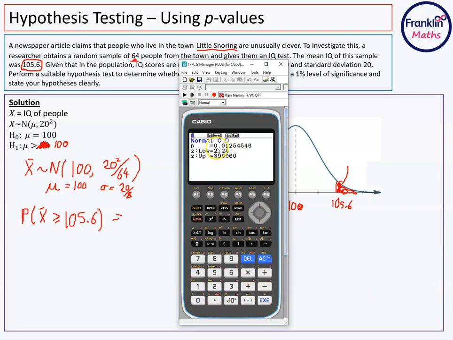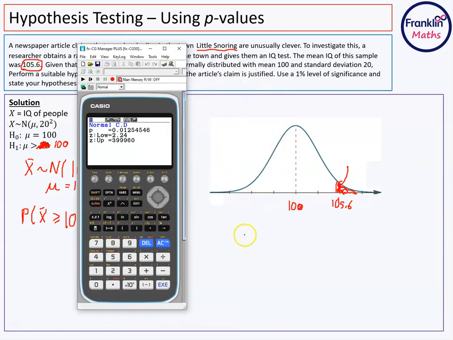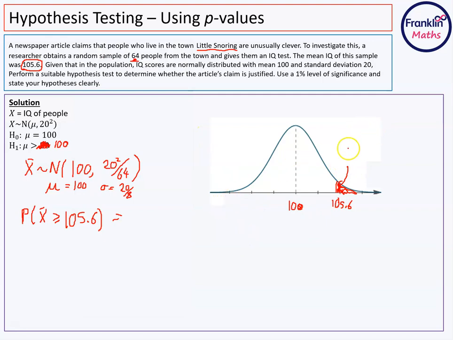So the probability of that is 0.0125, I'll take that as 125. So the area of that there is 0.0125, and let's convert that into a percentage then. So that is 1.25%.